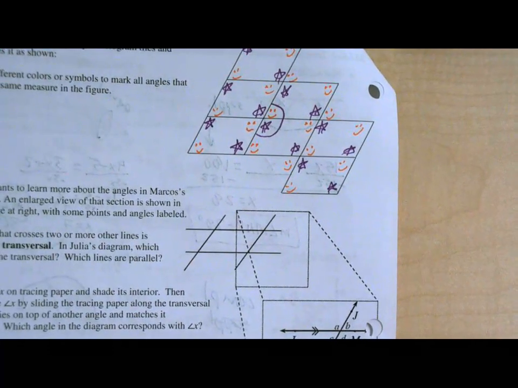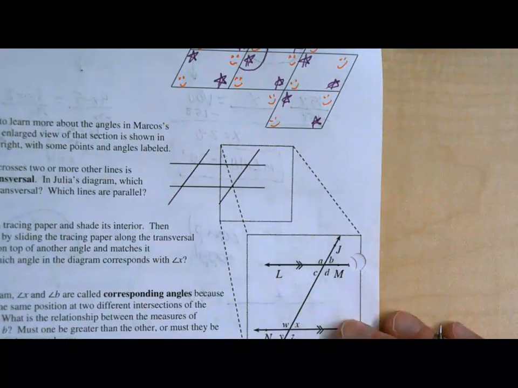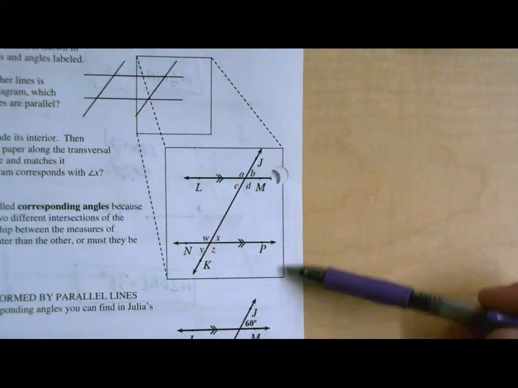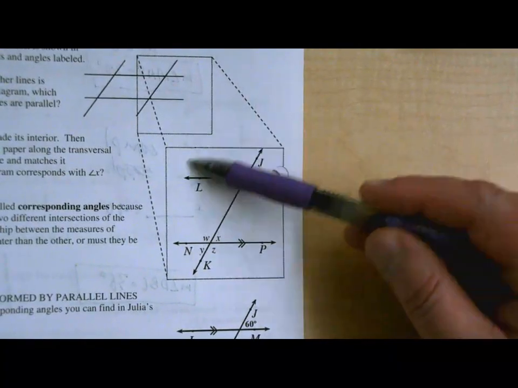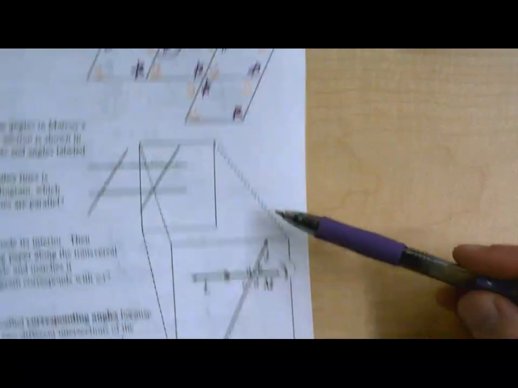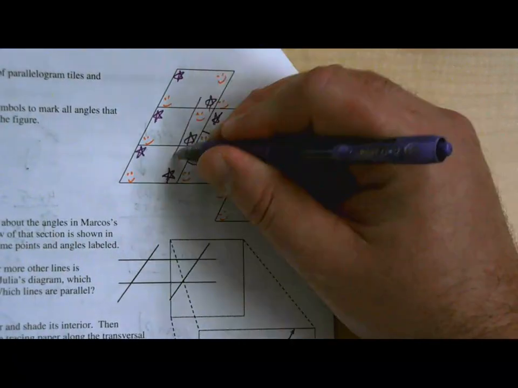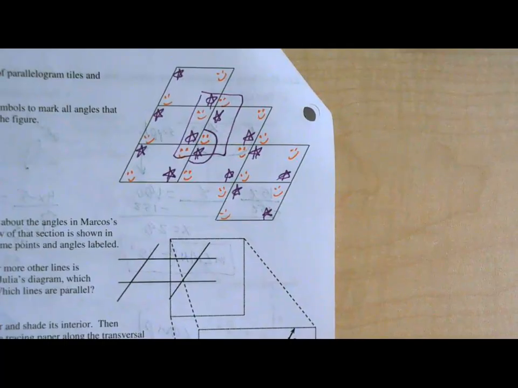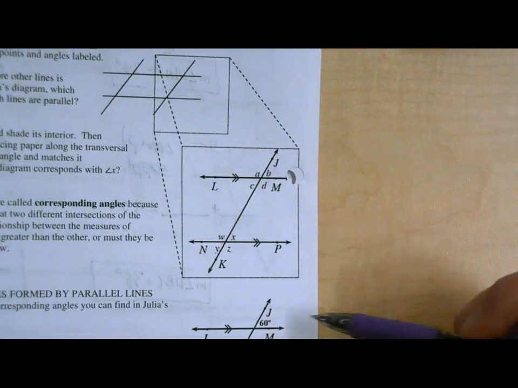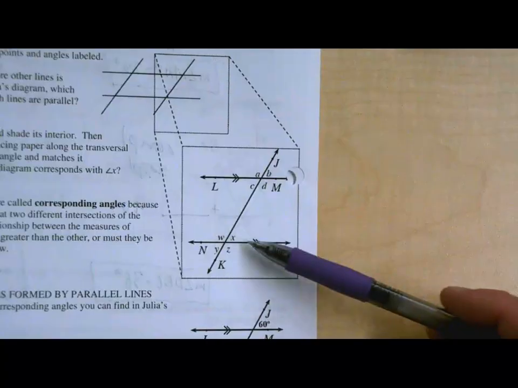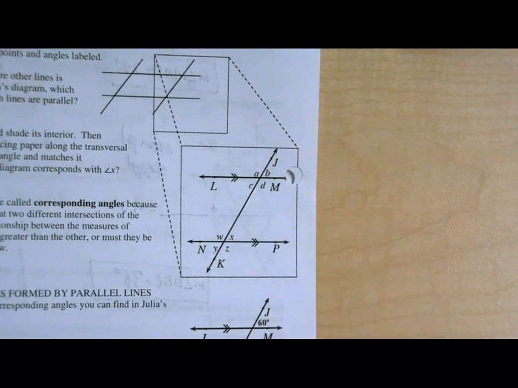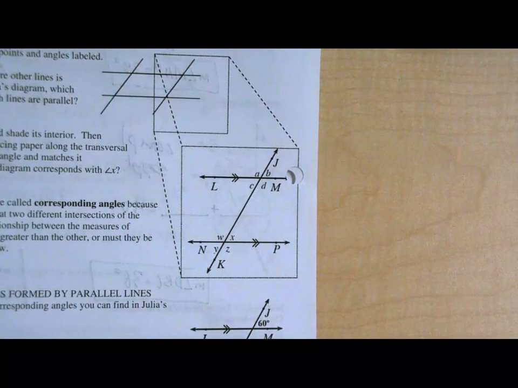Actually, first, before we do that, I need to teach you what a transversal is. So I want you to look at, we're going to focus in, this is basically like a zoomed in version of just this part of that picture right there. We would have labeled this with a star and this with a smiley face a minute ago, but we're going to think of them as individual angles right now.